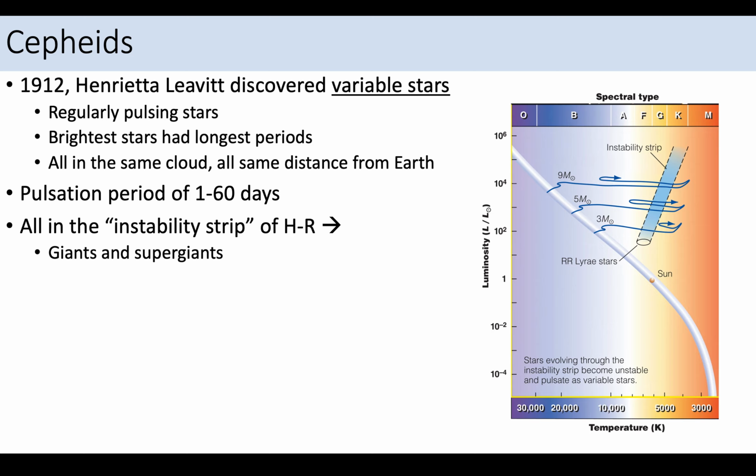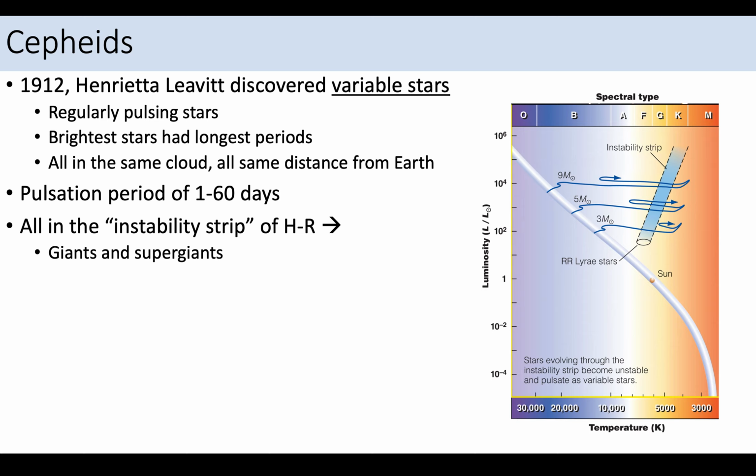She found that the brightest stars have the longest pulse periods, and that all the stars in the same cloud, so the same cluster, are all the same distance from Earth. So we found that these variable stars pulse with a period between 1 and 60 days, so very different from pulsars, which we learned about previously.